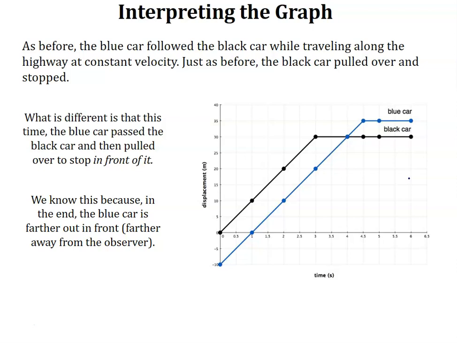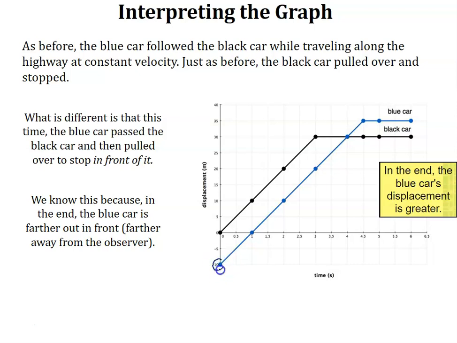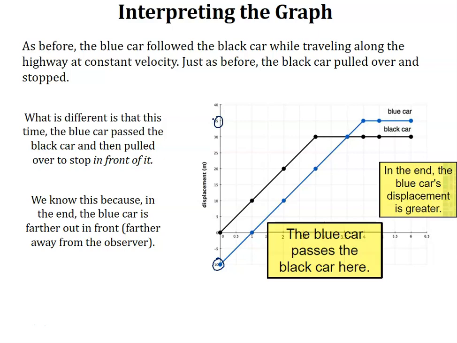We know this because in the end, the blue car is farther out in front, farther away from the observer. So in the end, the blue car's displacement is greater, starting at -10, ending at +35. The blue car passes the black car right here. That is where their positions were the same.